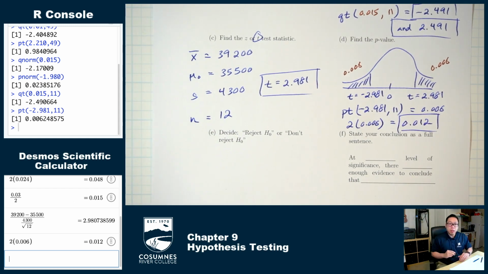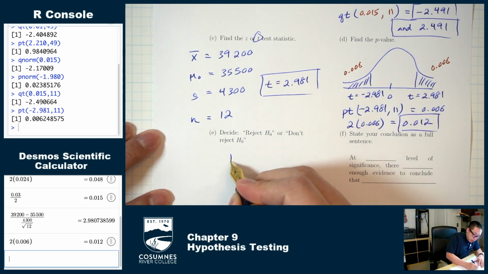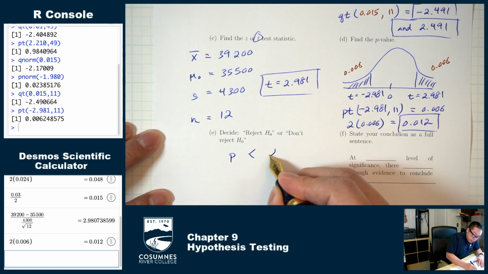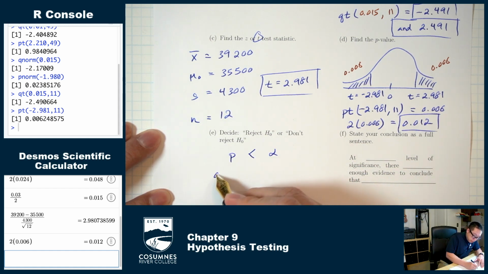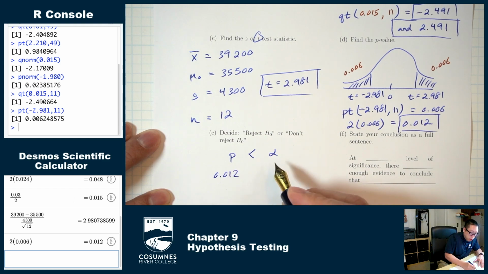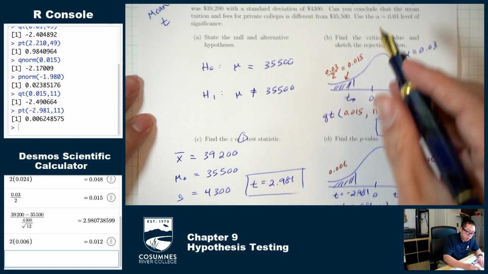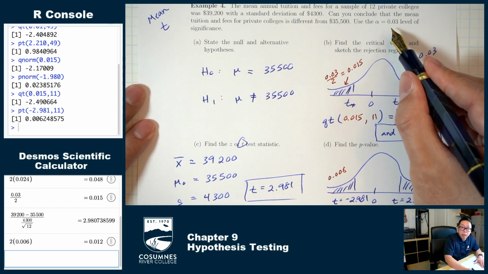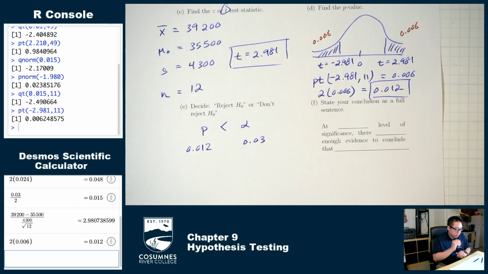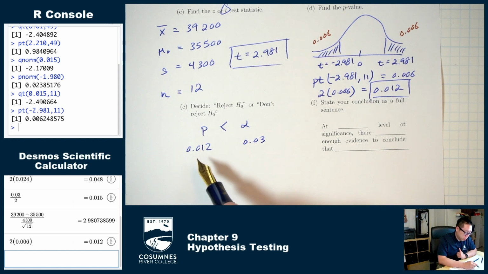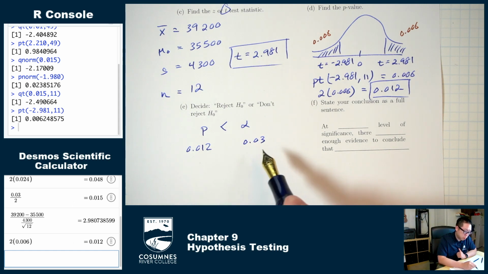Part E, reject or don't reject. So to decide, you're going to look at your p-value and see if it's less than your alpha. The p-value was 0.012. Our alpha, in this case, was 0.03. Question is, is 0.012 less than 0.03? Yes.